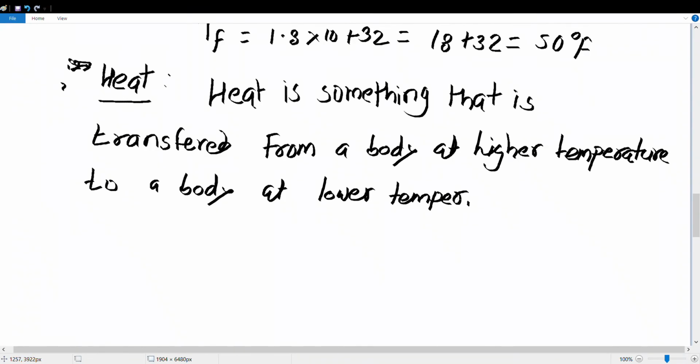So heat is something that is transferred from a body at higher temperature to a body at lower temperature.